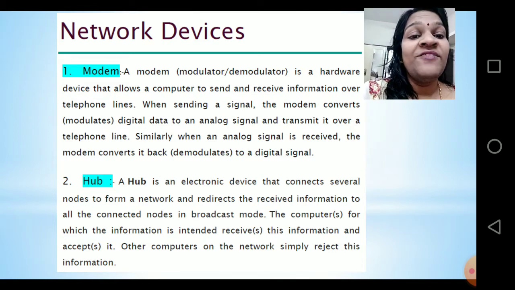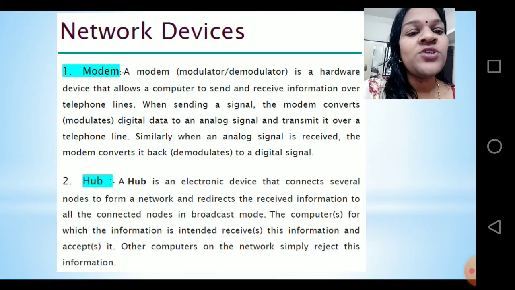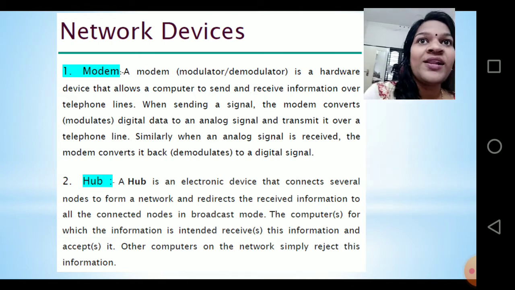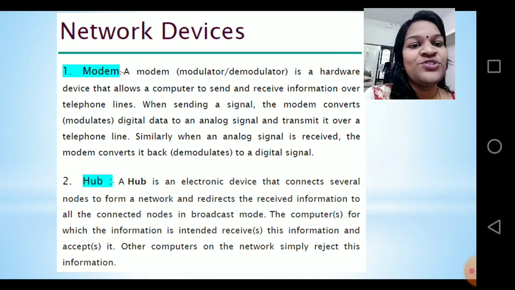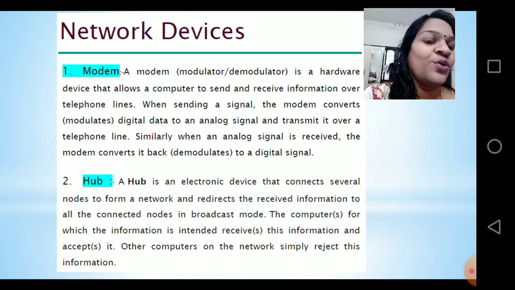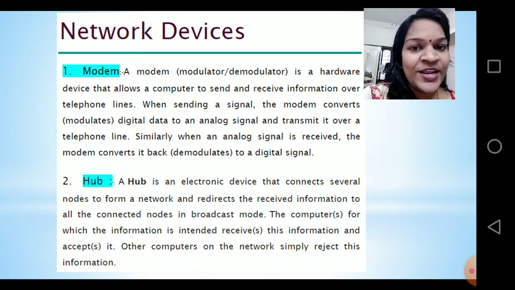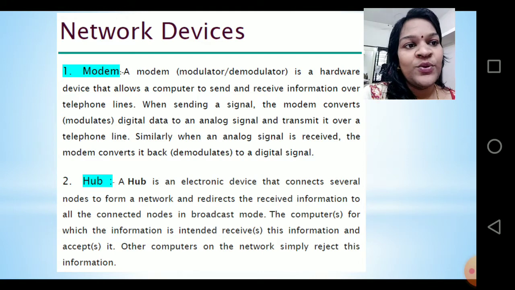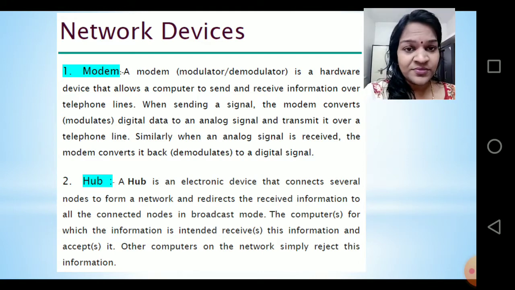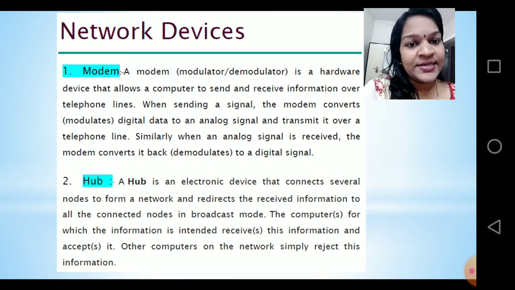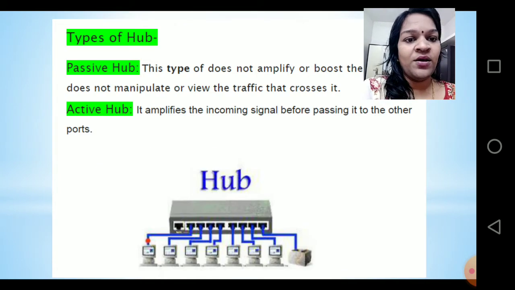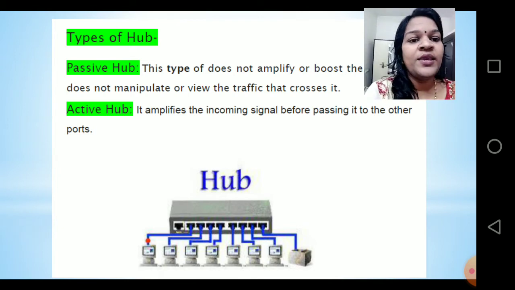Another device is known as a hub. A hub is a device which is used to connect several computers together to form a network and redirects the received information to all the connected nodes in the broadcast mode. In this example of a hub, this is just a box, and you can see 8 ports.